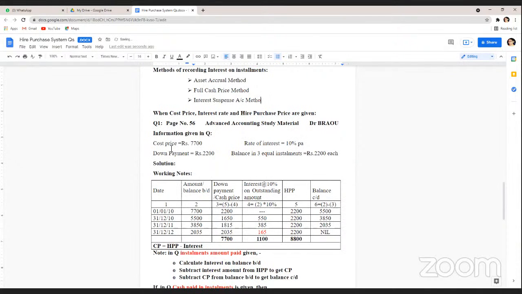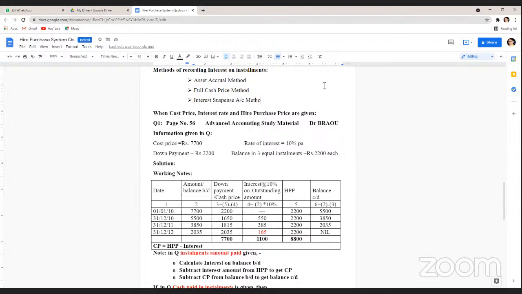Now, let us get into the question. This question was given in your study material, page number 56. If you have the materials with you, please open page number 56 of the Advanced Accounting Study Materials provided by BRAU.